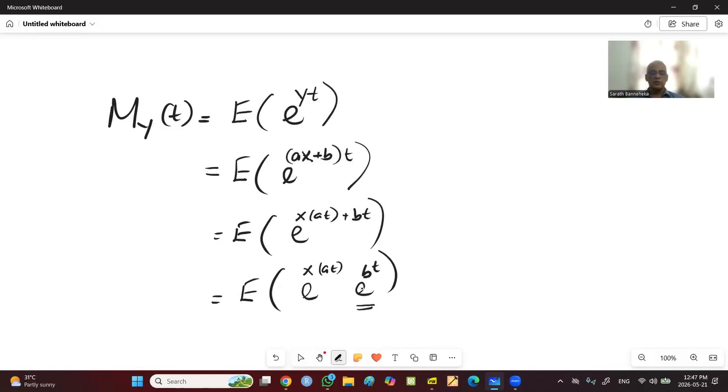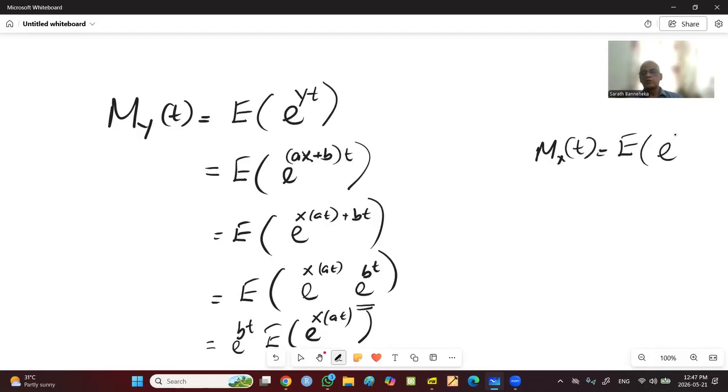Because this is a constant, I can take that out of the expected value. That's a well-known property. Then I can talk about the expected value of e to the power x times at. Now we know that M_X(t) is equal to the expected value of e to the power xt.